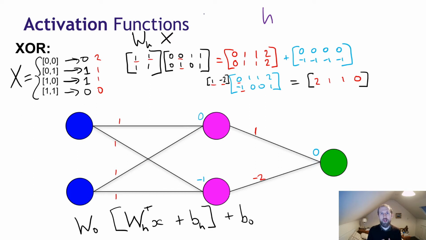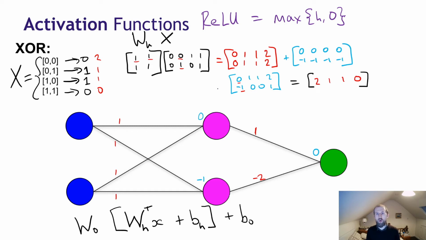We are going to take the ReLU. So this is the rectified linear unit, and that is equal to the maximum of h or 0. So if it's negative, it just goes to 0. If it's positive, it stays the same. And if it's 0, it stays the same as well.